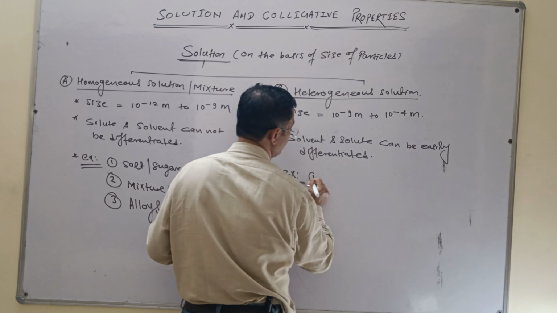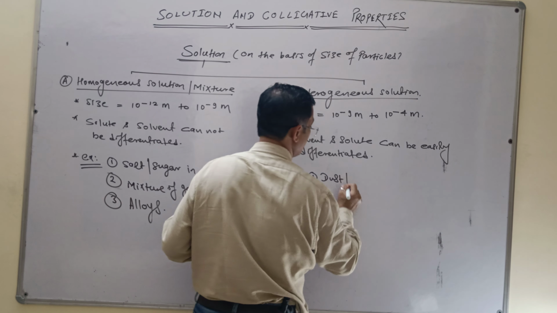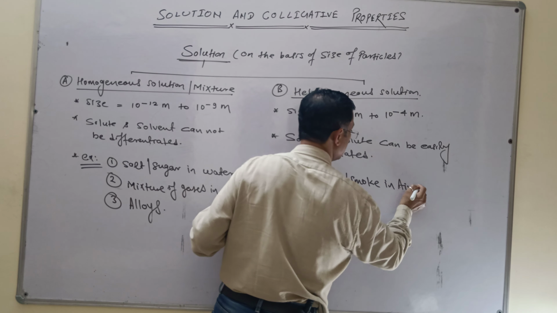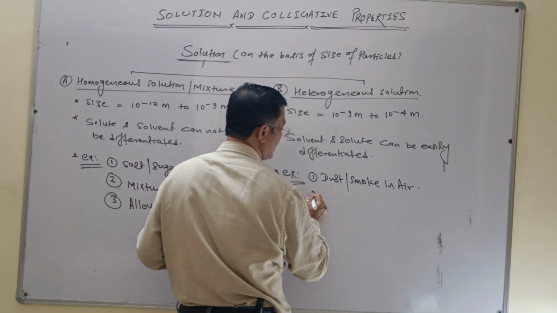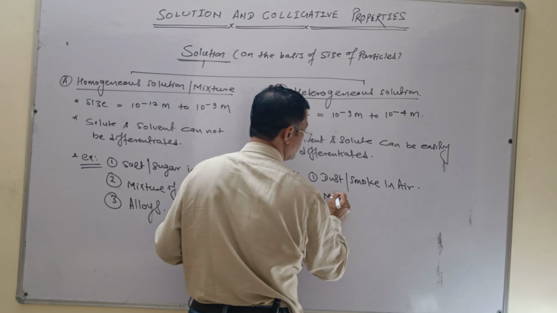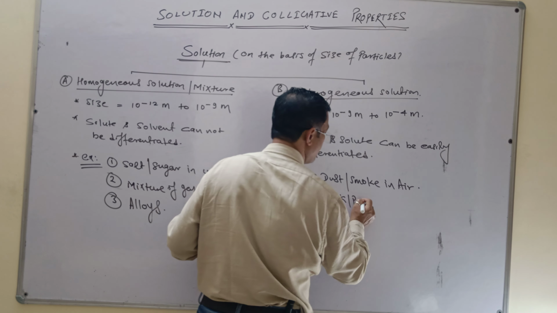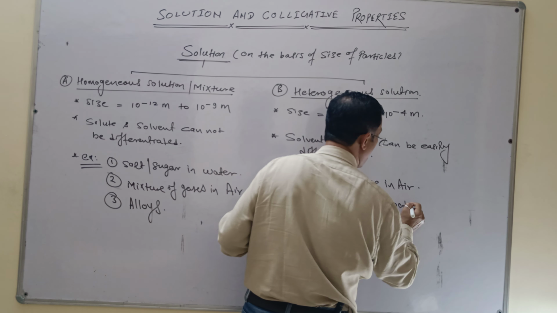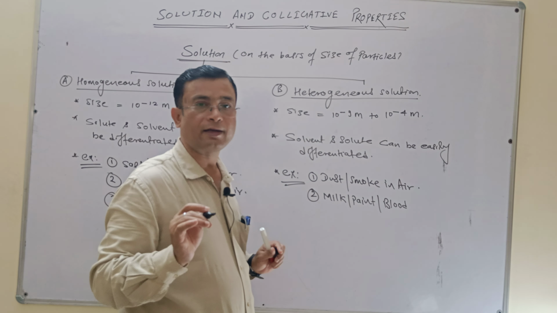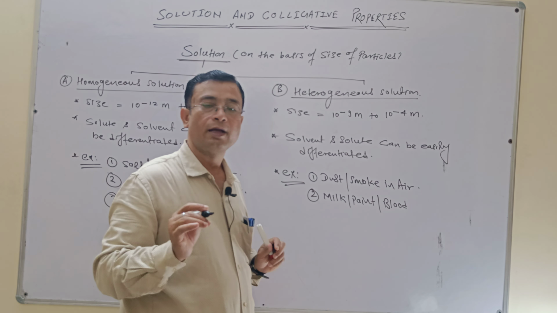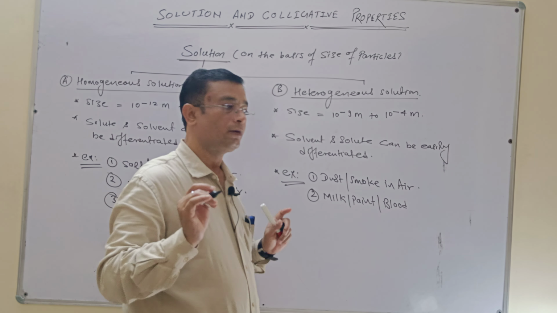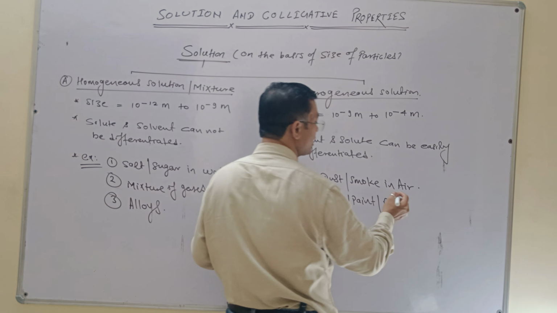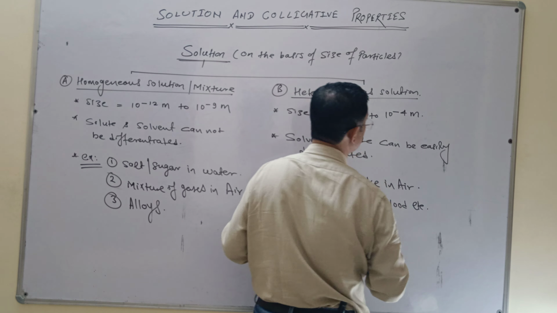The second example is milk, paint, blood, and all the different kinds of food articles like vegetables, rice, ice cream, butter, halwa. These are all examples of heterogeneous solution.